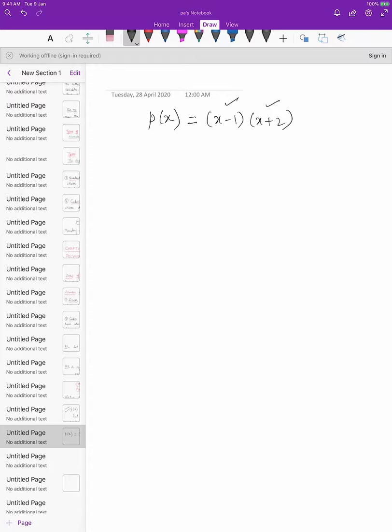Now what is the meaning of zero? It is that value of the variable which makes the polynomial 0. So just by looking at the polynomial carefully, can we say that if I put x is equal to 1, say p of 1, if I find out, what will I get? 1 minus 1, and here 1 plus 2.